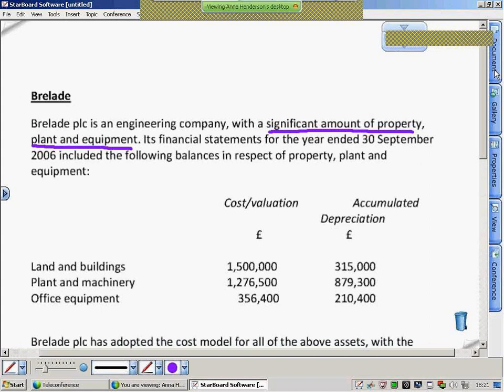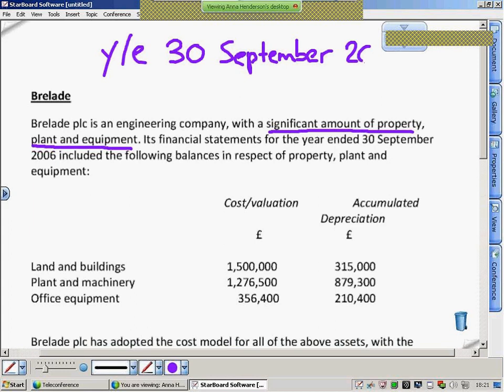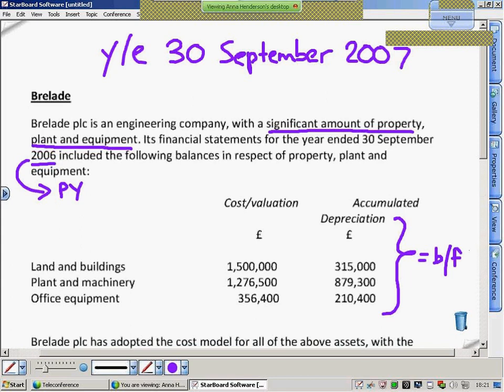So from the requirement, what I would do at the top of the question is just write, looking at my requirement, I know that I'm dealing with the year ended the 3rd of September 2007, and then when they tell me it's from 2006, I immediately know that's my prior year, and therefore here are my brought forward figures.